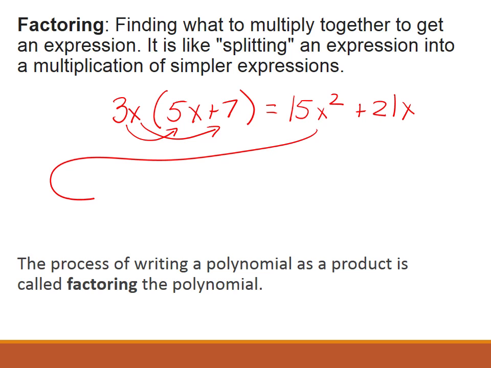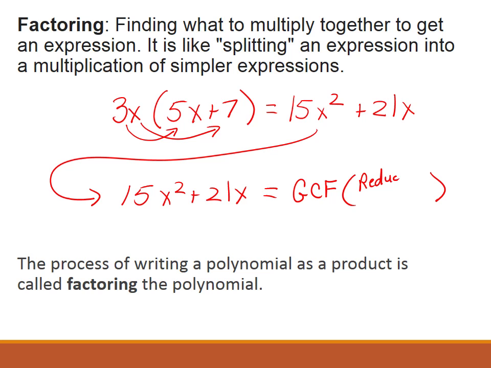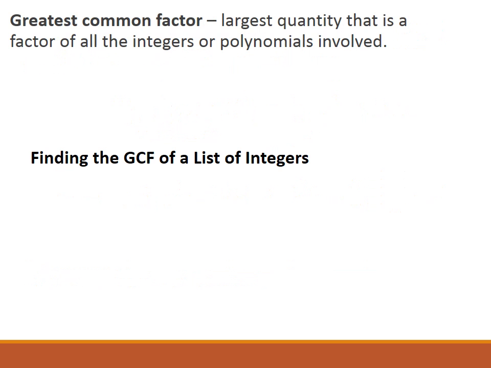Now, we will be taking the 15x squared plus 21x polynomial, and we will be separating that into the form of the greatest common factor times the reduced polynomial. So when we say factoring, that is actually writing a polynomial as a product.